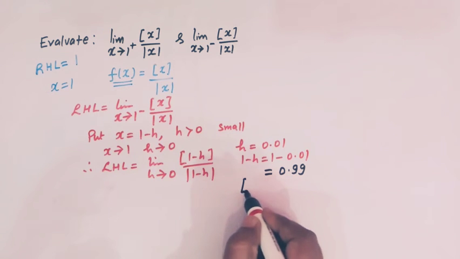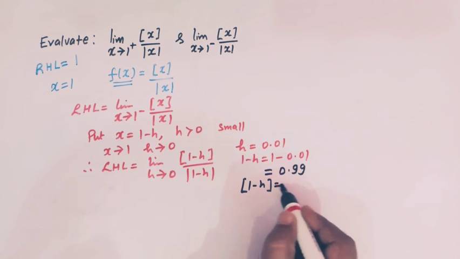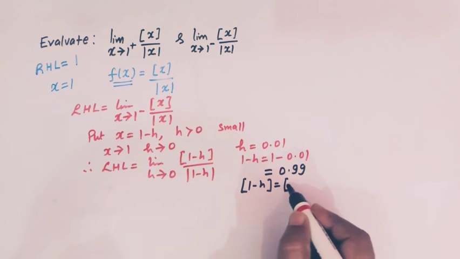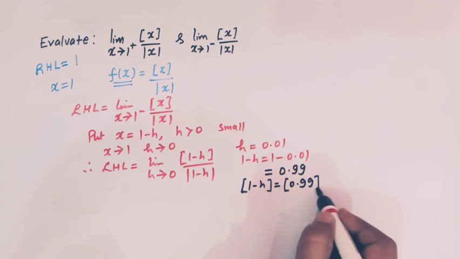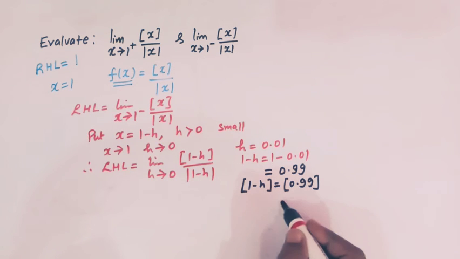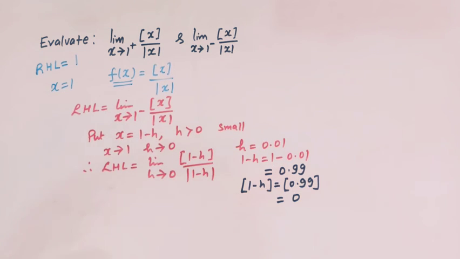So the greatest integer 1 minus h is equal to greatest integer 0.99, and by the definition of the greatest integer function, the value of greatest integer 0.99 is 0.